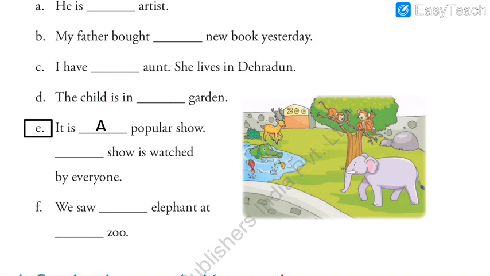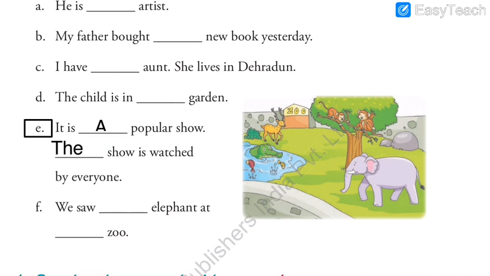And in the second blank, in the same question, we need to put the. The show is watched by everyone. Now, like I said, the word after the blank is show, and it starts with the consonant S. Still we did not put a, we put the.